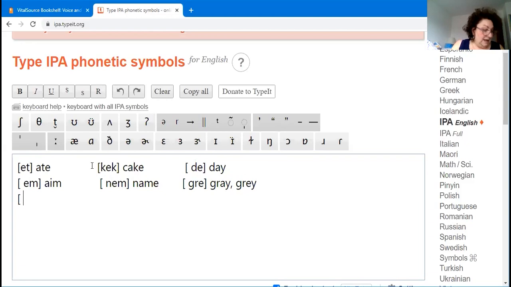And then I have eight, gives you eight, same as the one above. And then I have b, r, eɪ, k, gives you break. Oops, sorry. And then I have in final position, stay.